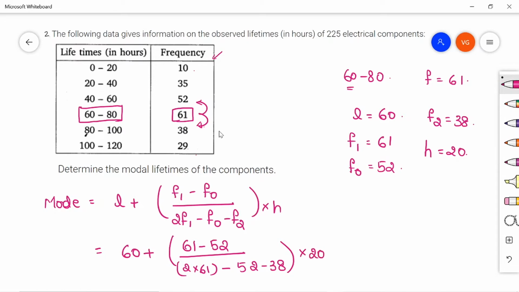So that goes to 60 plus 9 multiplied by 20, and the denominator is 122 minus 52 minus 38, which is approximately 32. If you solve this, you will get 65.63 hours. So you can write the modal lifetime of the components is 65.63 hours.